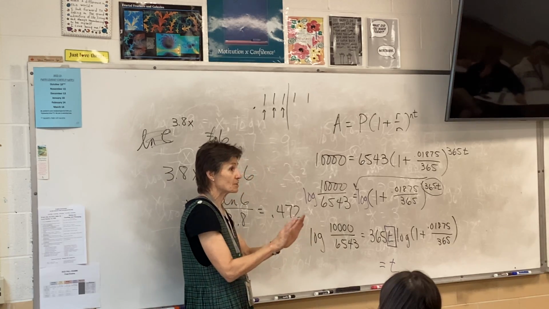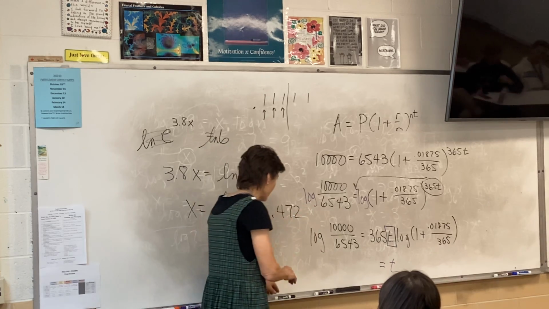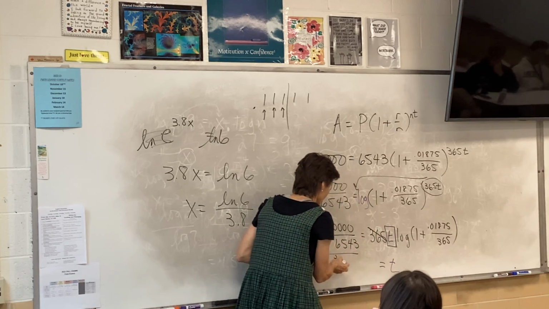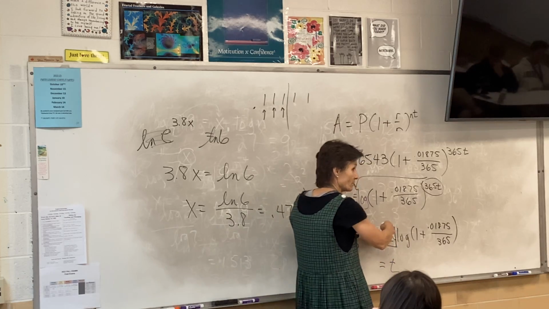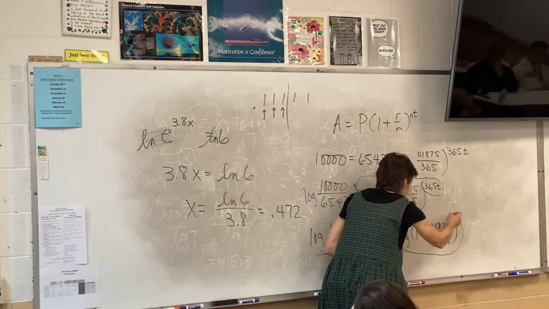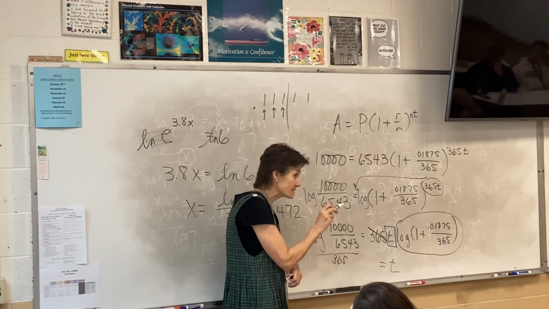It's okay, it's going to be bad. That's what I mean, this is a horrible problem, don't worry about it. So we divided out the 365, so we brought it over here, right? And now what else has to be divided over here? Don't we need to divide by this? We're trying to get t by itself.